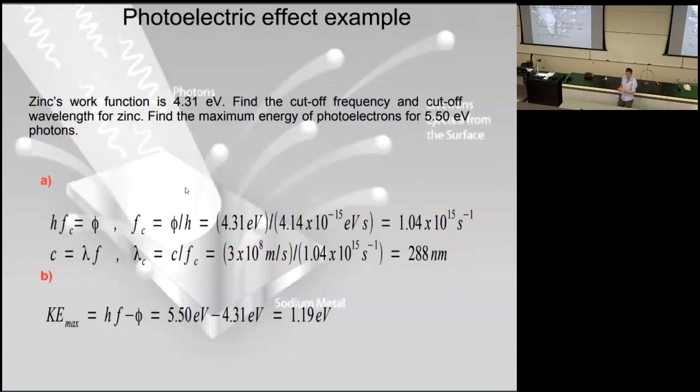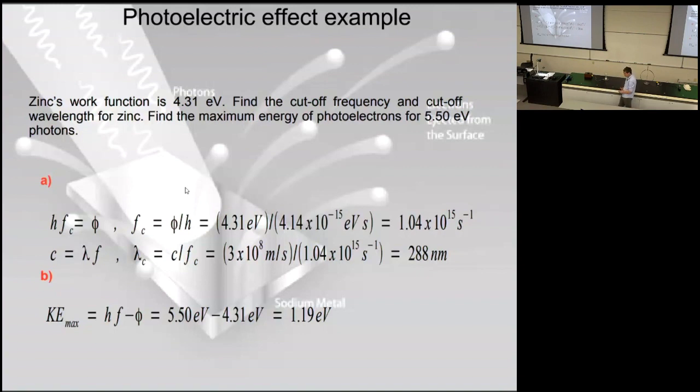The work function of a metal is enough to tell you the cutoff frequency and cutoff wavelength. Below the cutoff frequency, you can't emit electrons. Beyond the cutoff wavelength, you can't emit electrons. So we're going to calculate the cutoff frequency and the cutoff wavelength.